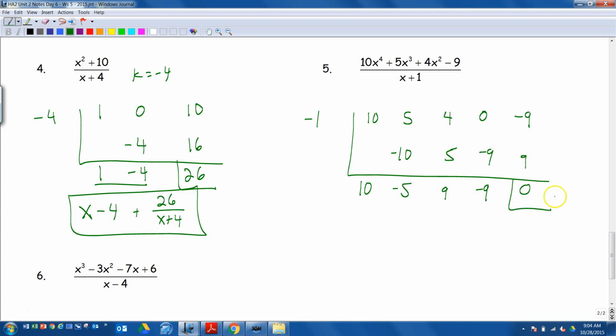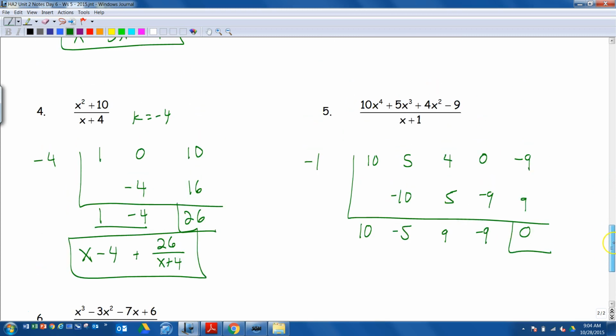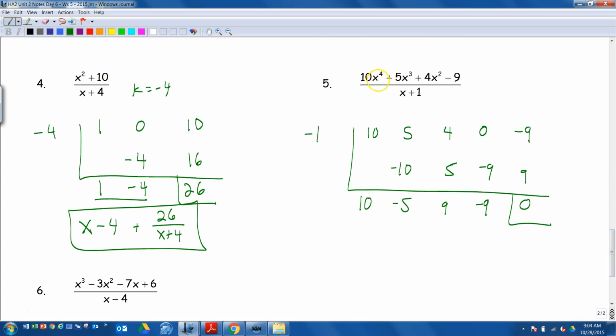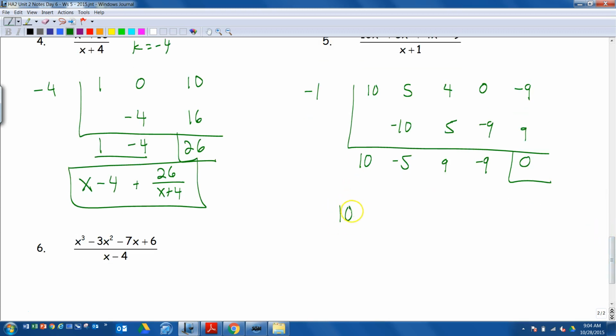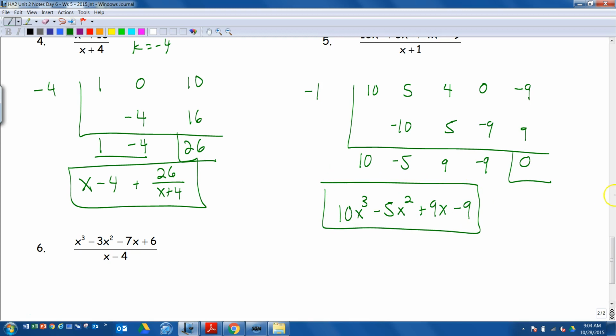And sure enough, on this one, you get a remainder of 0. That's really nice. Again, x to the fourth, you're dividing by 1x. This first piece is now 10x cubed. This is now minus 5x squared. This is a plus a 9x, and this is a minus 9. And that's the final answer.